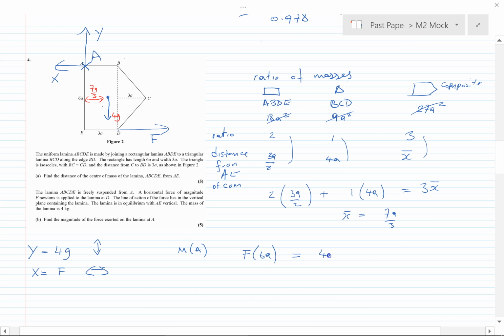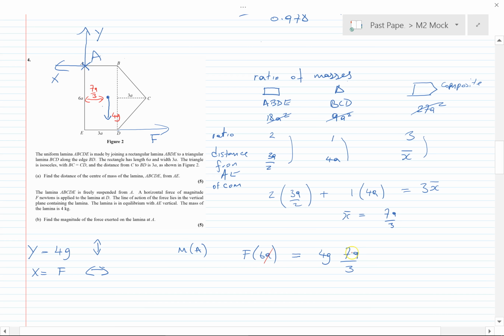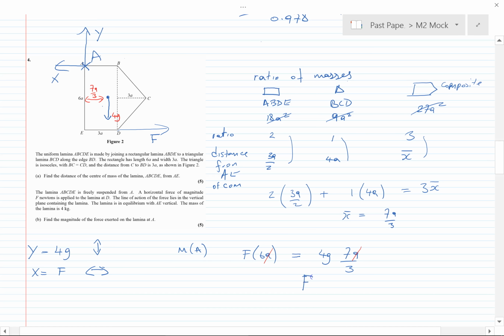So that's 4g times 7a over 3. Now the a cancels, so we're going to have F equals 28 over 3, but 28 is going to cancel that, so that's going to be 14g over 3. No, over 9. There'll be a 3 there, which would make it 9 underneath.